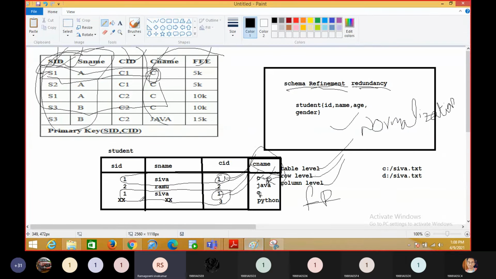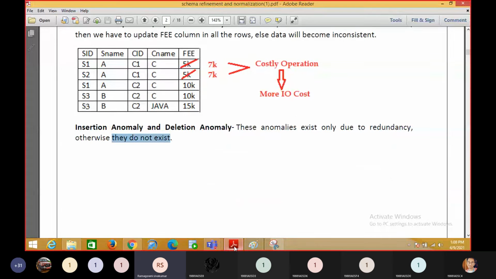While you are inserting the Python course, you are inserting dummy data here. Every time you are inserting the same data, so this is duplicate. Because of that duplication, we have insert anomaly and deletion anomaly.